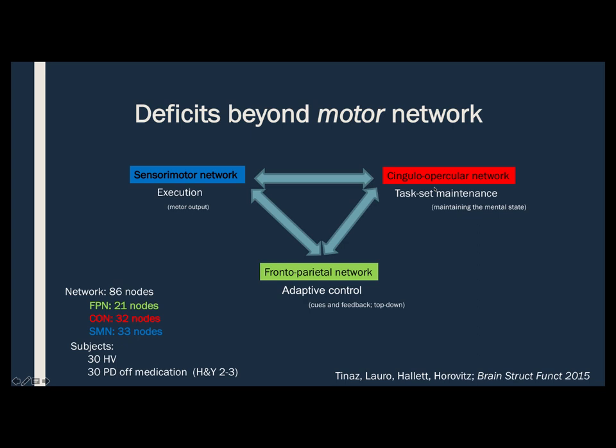That's a task set maintenance network that, once a task starts, keeps the mental state maintained continuously while you're doing it. And we know that the frontoparietal networks would affect the adaptive control. And we know that this task is affected whether you have feedback or not. So we just decided to look at these particular areas on a group of 30 healthy volunteers and 30 patients off medication.